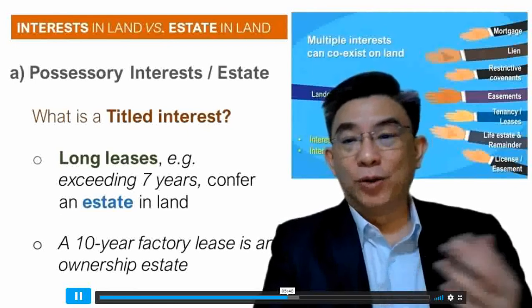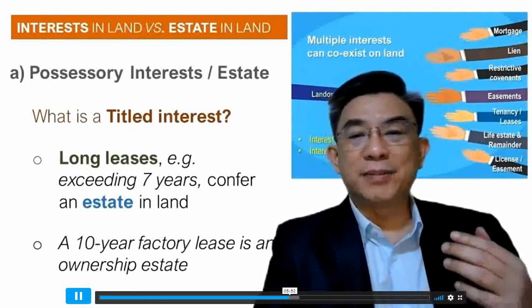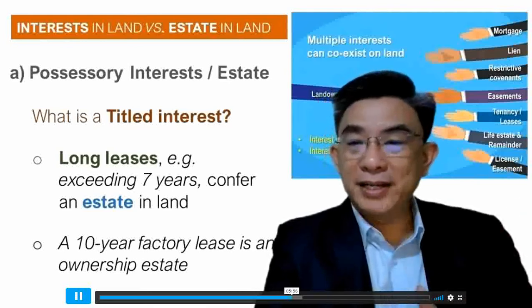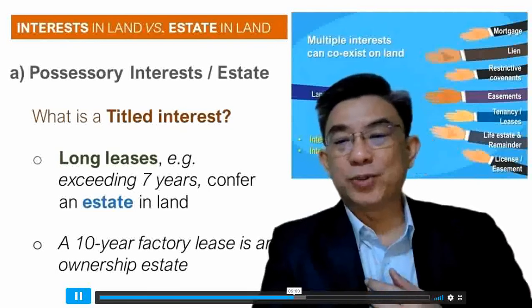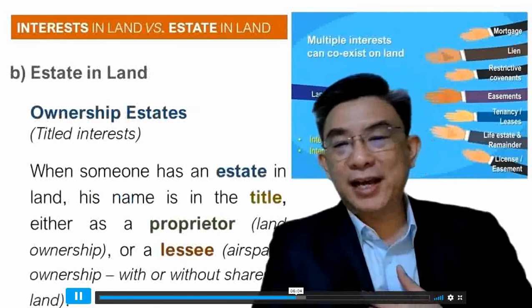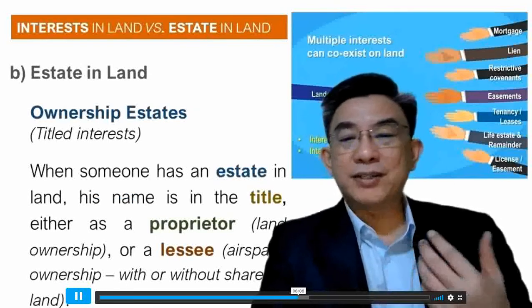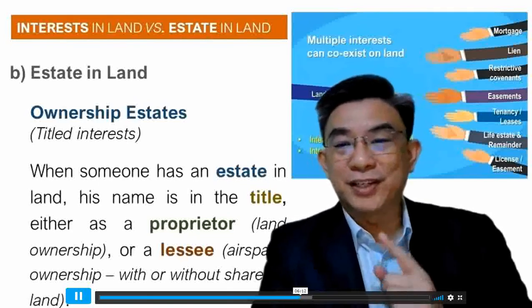Now, a 10-year factory lease is a very good example. So you become the owner of the factory for 10 years, then you have to pay property tax, maintenance, and insurance, which we call a triple net lease. Now, estate in land, I already mentioned, you become the owner. When someone has an estate in land, his name appears in the title.